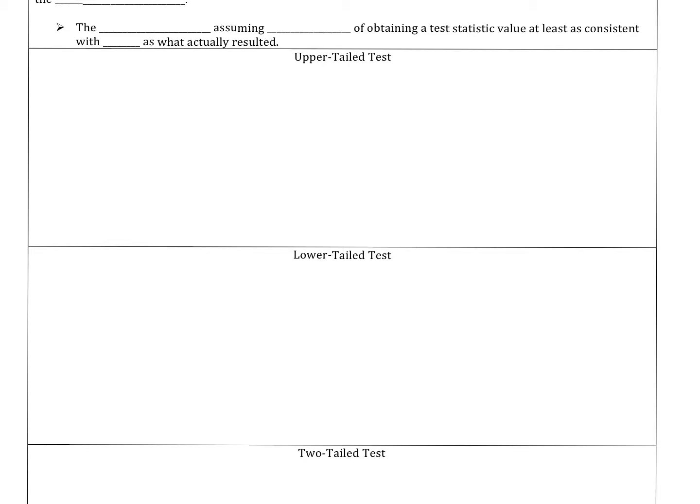A really important definition for us is a p-value. A p-value is the measure of inconsistency between the hypothesized value for a population characteristic and the observed sample.